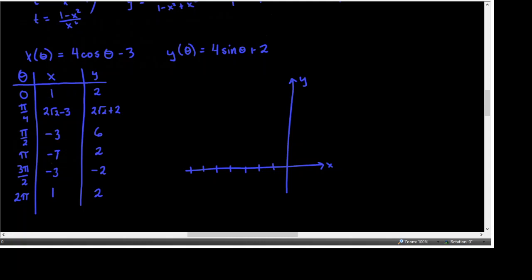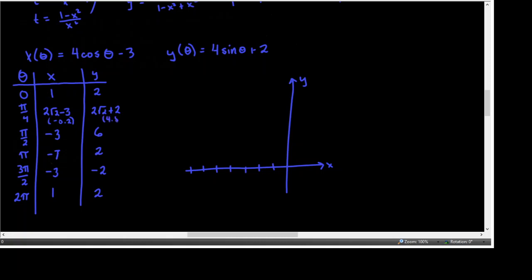It's about negative 0.17 something. Okay, now that I know what that is, that's about negative 0.2. I'll call it that. And while I'm here, I might as well do 2 square roots of 2 plus 2. It's about 4.8.